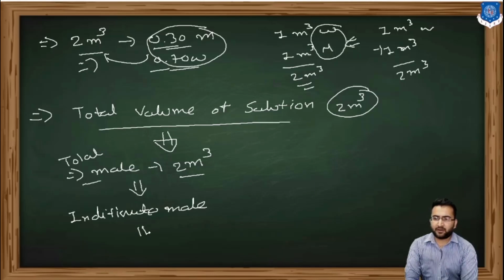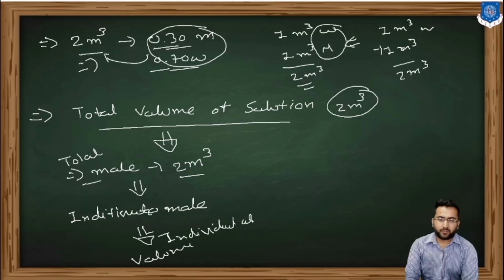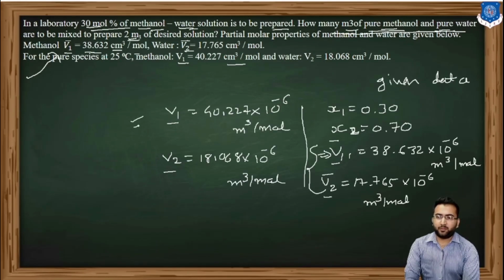Then we are going to find the individual volumes needed to make 2 meter cube of solution. The individual volume is calculated by multiplying the individual moles by the molar volume.